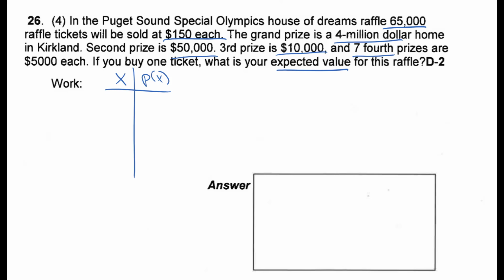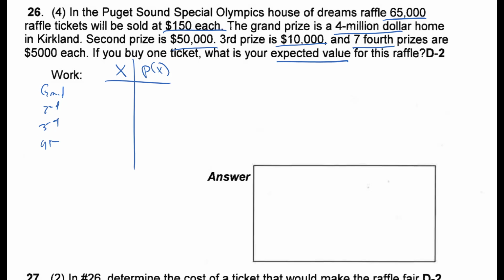Okay, I'm going to organize this: grand prize, second prize, third prize, and then fourth prize. How much is it worth? So there's 1 out of the 65,000, 1 out of the 65,000, and 1 out of the 65,000. Fourth place, there's 7 of them, right?